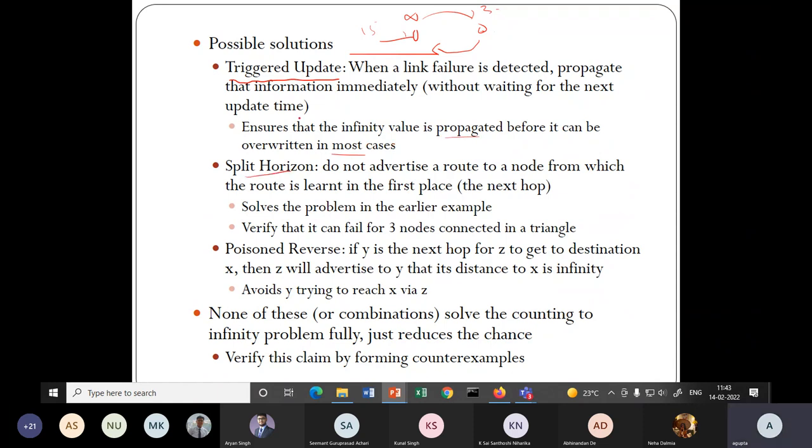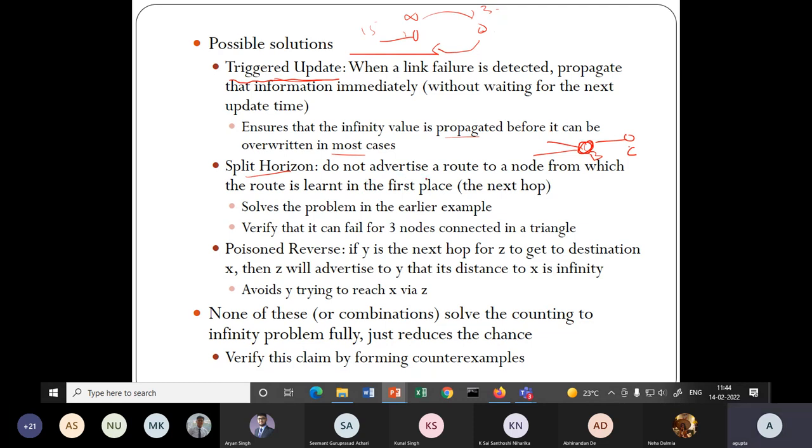The second one says split horizon, which says what I just said before this. If you have received something from this node, so this is my C, this is my B. If C has learned about a path with B as the next stop, don't tell B that path back, because B cannot do anything with it. There's no extra information in it.